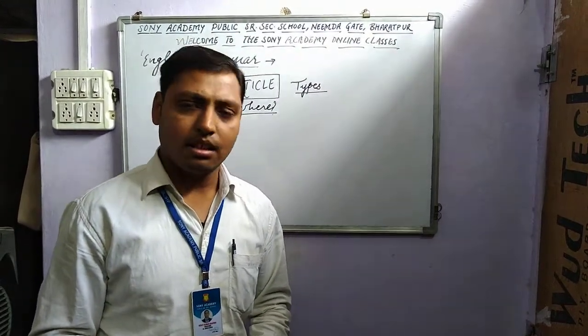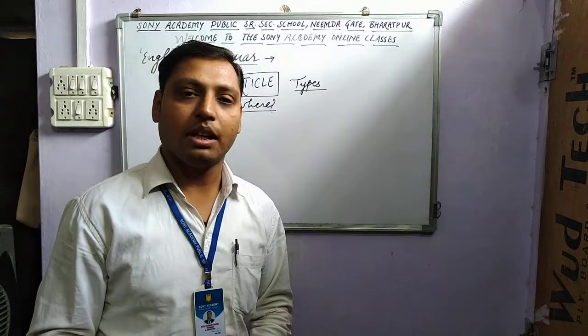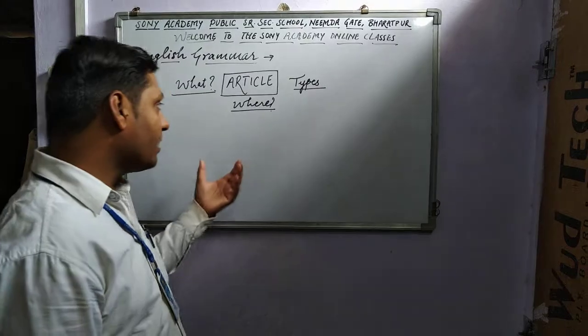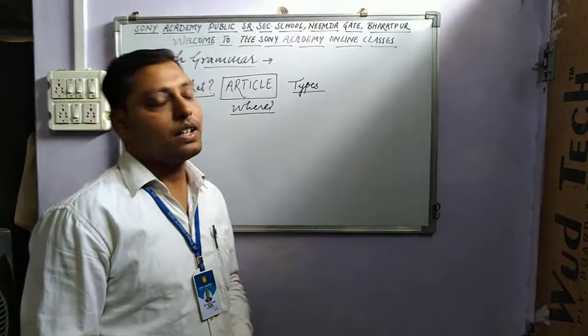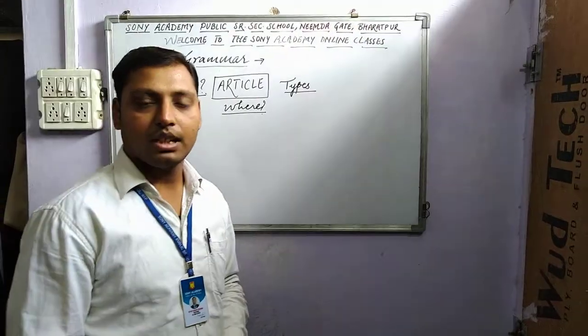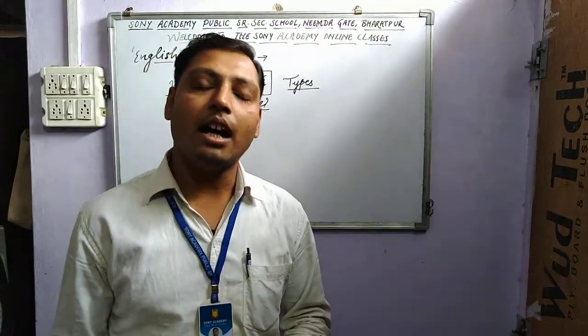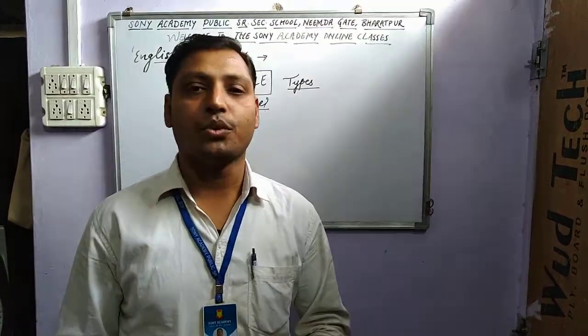These are the points that should be kept in our mind. Now let us talk about where the articles are used. They are used before countable and uncountable nouns both.